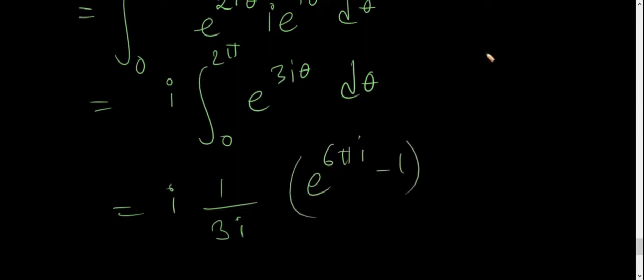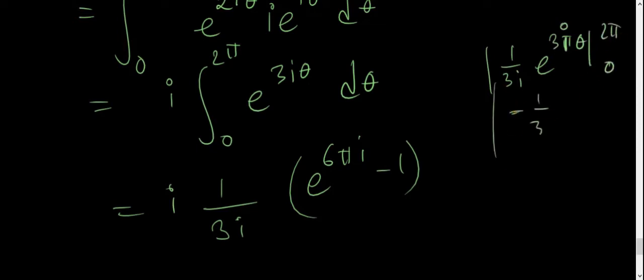This is coming from just evaluating this integration, that is putting the value 3i theta, and there will be a 2 pi over here and 0 over here, so that is just e to the power 6 pi i minus 1, because when theta is equal to 0, that will be e to the power 0, and that is just 1.